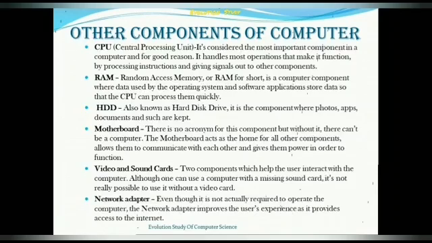Video and sound cards, two components which help the user interact with the computer. Although one can use a computer with a missing sound card, it is not really possible to use it without a video card. Network adapter. Even though it is not actually required to operate the computer, the network adapter improves the user's experience as it provides access to the internet.